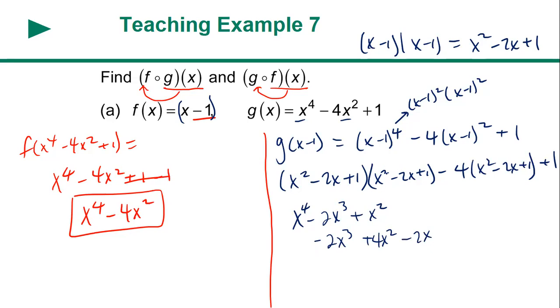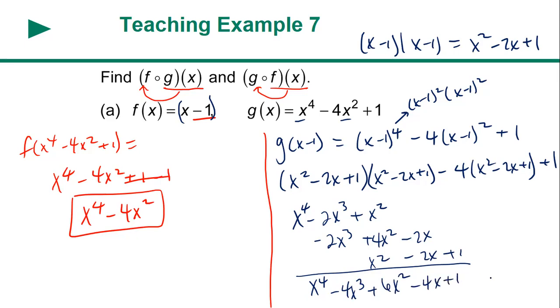Now I have 1 times x squared gives me x squared. 1 times negative 2x gives me negative 2x, and then 1 times 1 gives me 1. So all together, that comes out to be x to the 4th minus 4x to the 3rd plus 6x squared minus 4x plus 1.